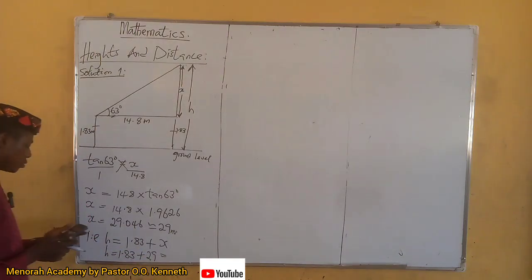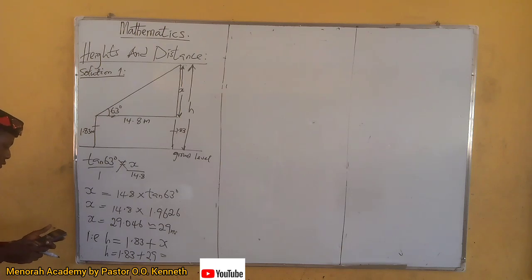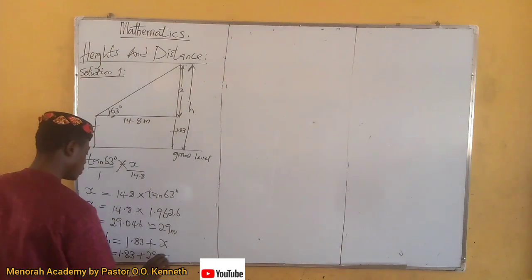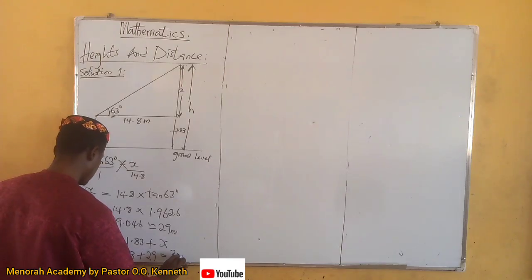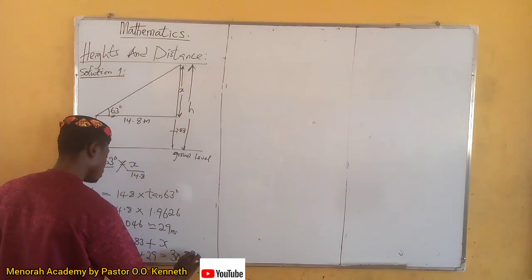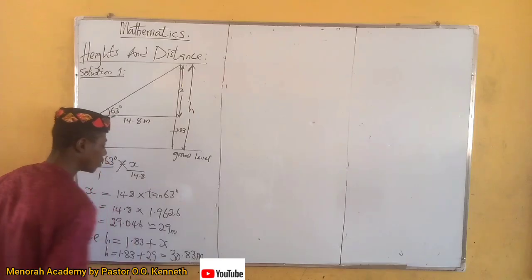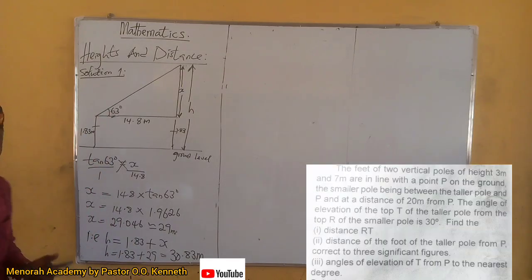If you add them together, 29 plus 1.83 gives us 30.83 meters. This is the height of the building.